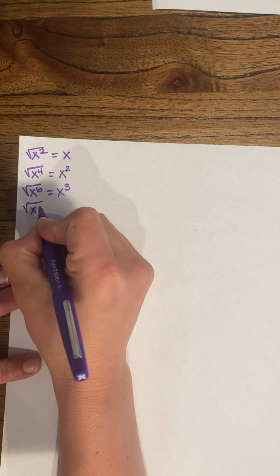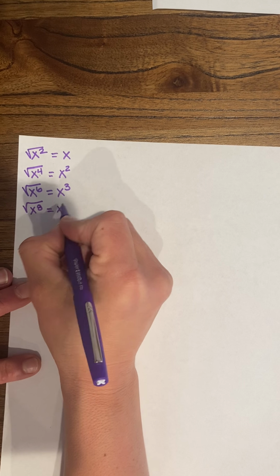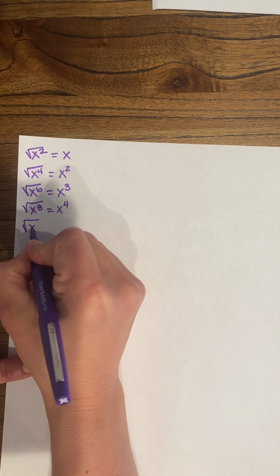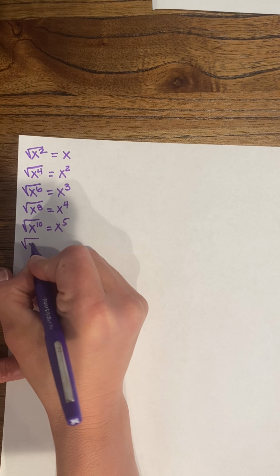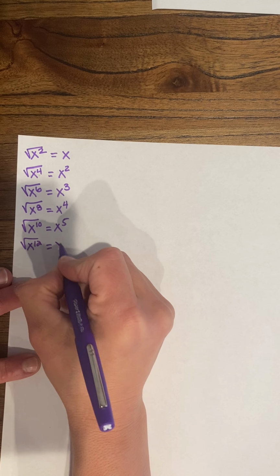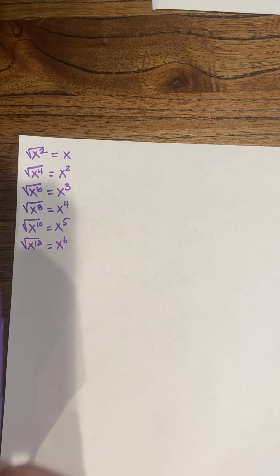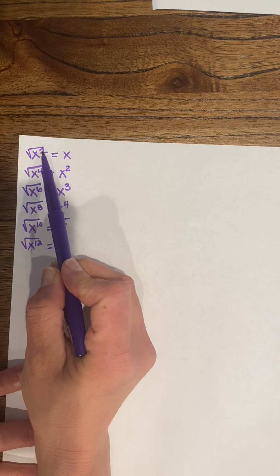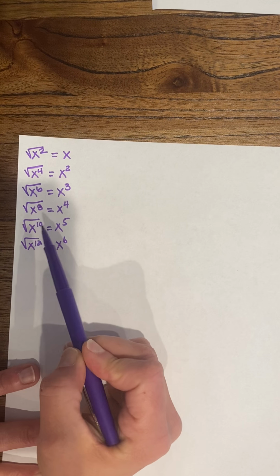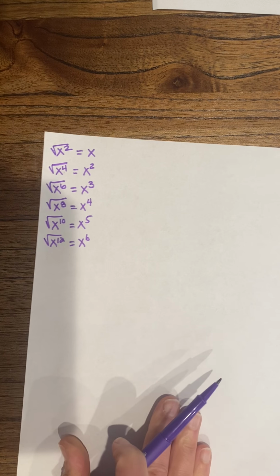The next one is going to be 4 plus 4 is 8, and so on and so forth. The next perfect squares are x to the 10, then x to the 12. So what you'll notice here is your exponents are perfect. Do you notice that the exponents of all the perfect squares are even?